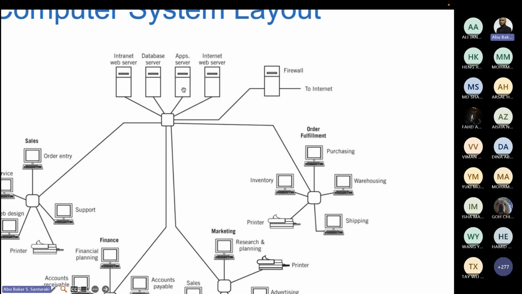They can run it off the application server. So the application server has the software already pre-configured. All this guy needs to do is log into this application server and then run the application. So you see now, if I'm a network administrator and I wanted to give everybody the ability to use a certain software, rather than installing it on every single computer, I can just install it on my application server.